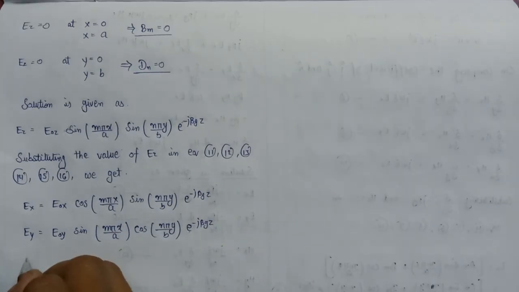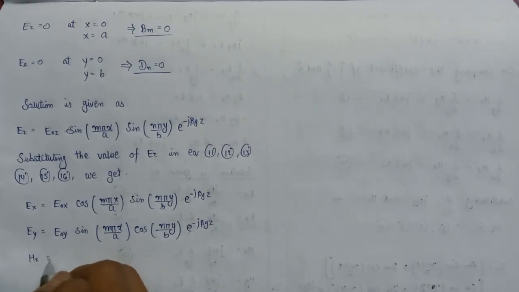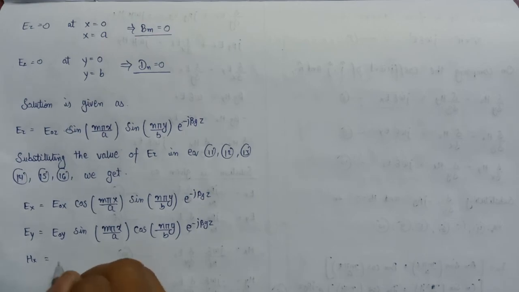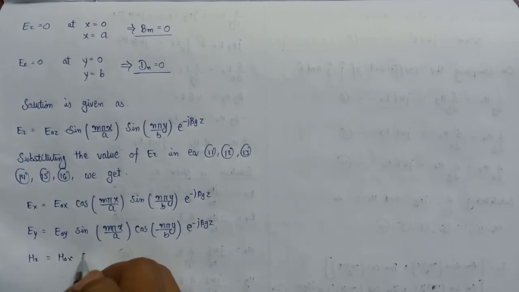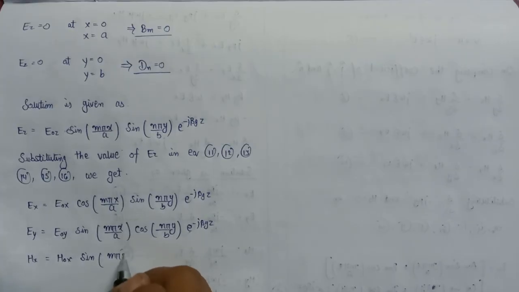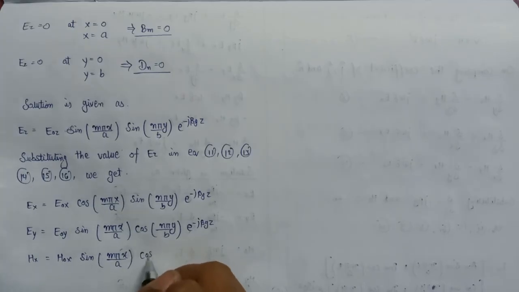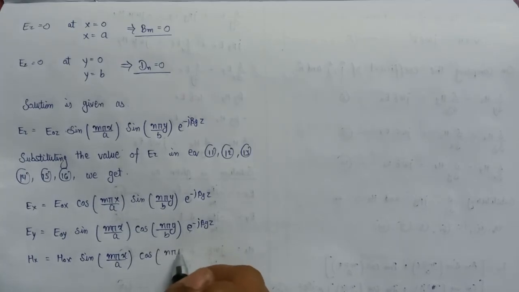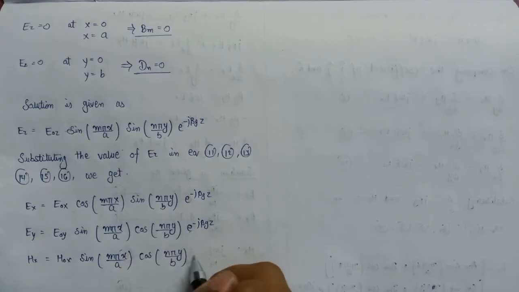Similarly, the value of H of x is given as H of 0x sine of m pi x over a cos of n pi y over b e to the power minus j beta gz.